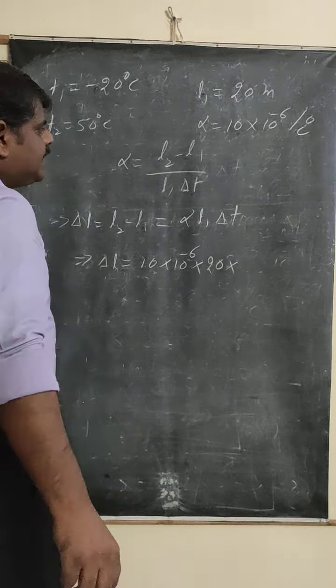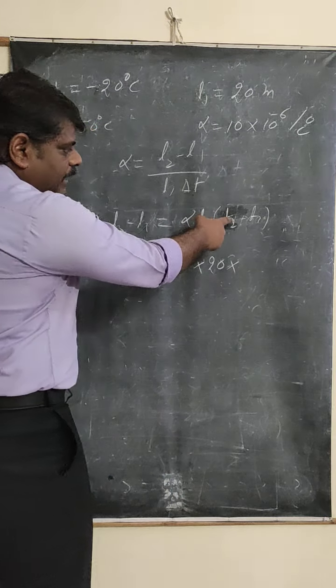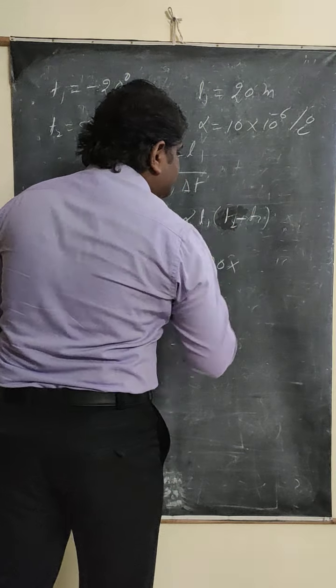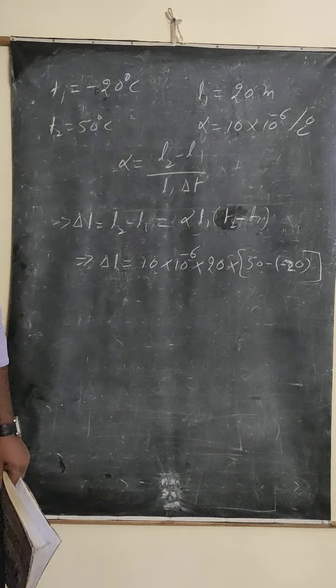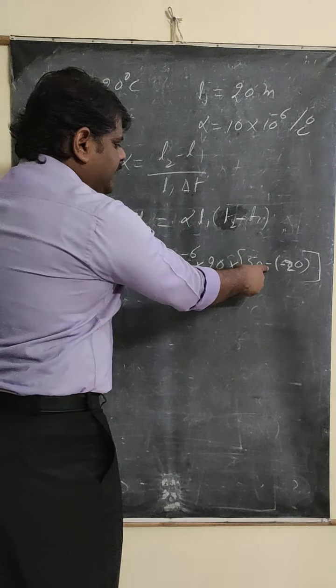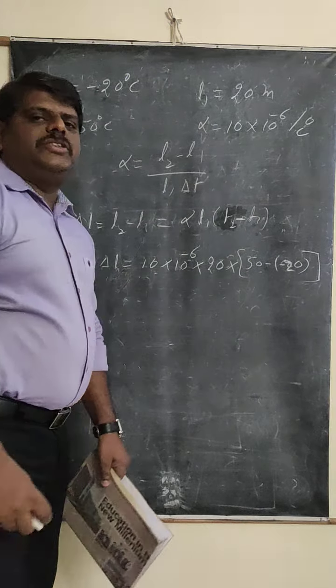Temperature difference you can write as T2 minus T1, and you must be very careful while substituting the values here. T2 is 50, minus, and T1 is minus 20, so again you take minus 20 and close the bracket. T2 is 50 degrees Celsius, and T1 is minus 20 degrees Celsius.